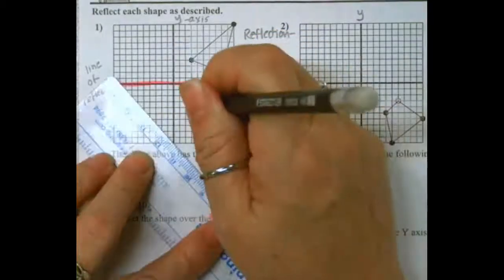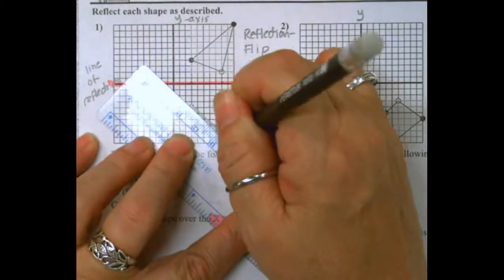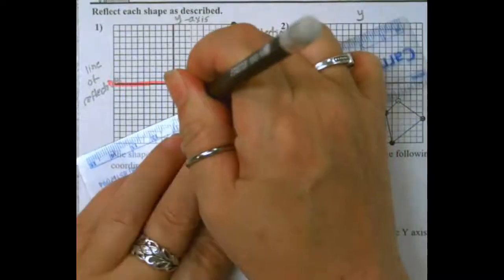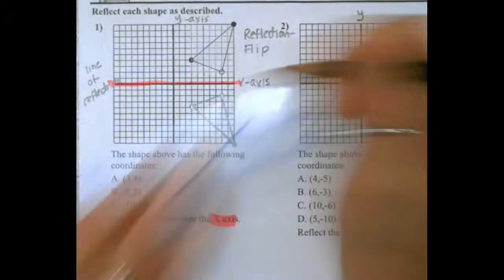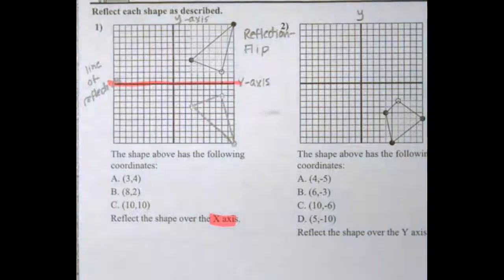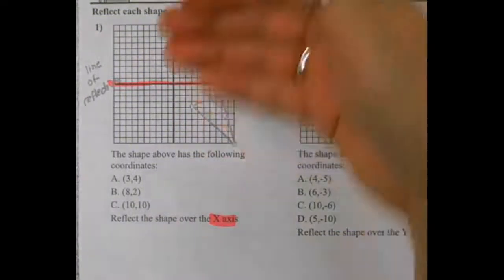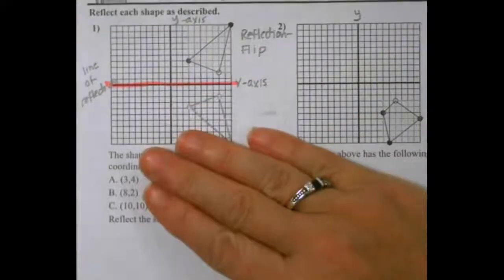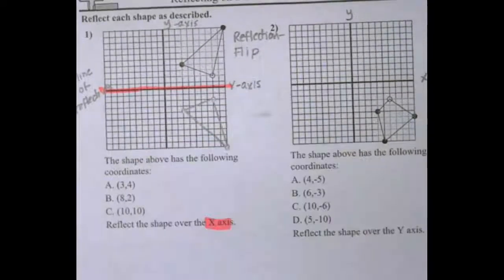So we're going to go ahead and we're going to connect our points. Okay. So now if you notice, it looks like I took that shape and I flipped it. Okay. So if you take your hand out and you flip it, if you notice when I have it this way, my thumb's on that side.